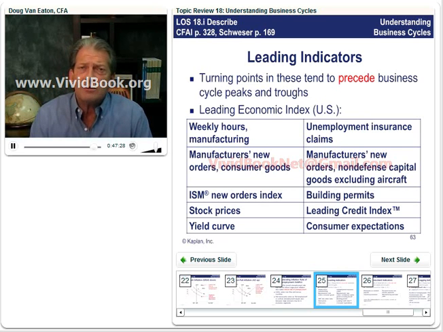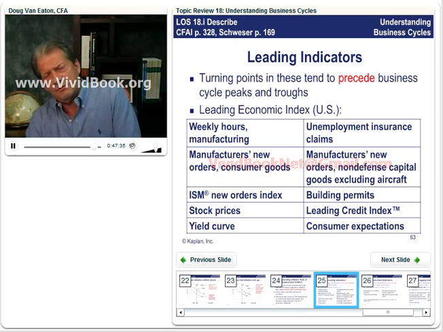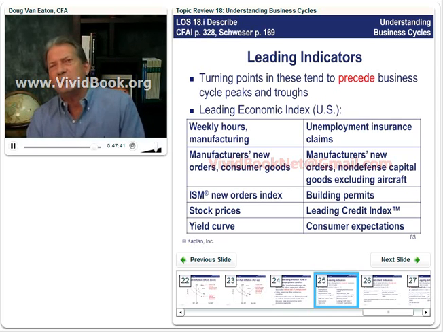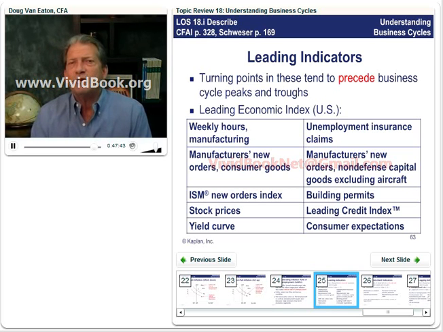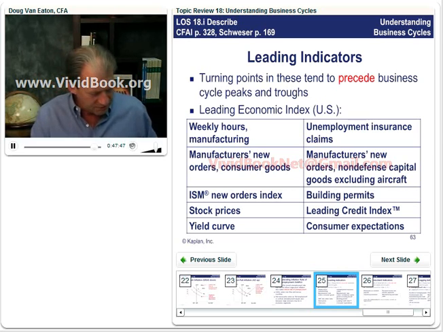In previous volumes of the curriculum, the last one said, given the behavior of indicators, figure out where the economy is in the business cycle. Well, this one has been removed, so we can take that as a clear signal. You don't need to know that for the exam, the current version of the exam.